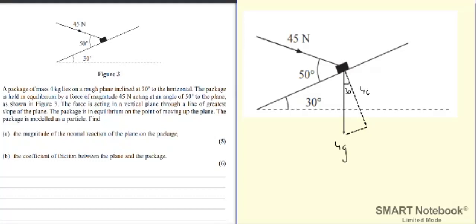So we've got 4g cos 30, 4g sine 30. We are going to have our normal reaction, which acts perpendicular to the plane, and that is going to be R. What else do we have?